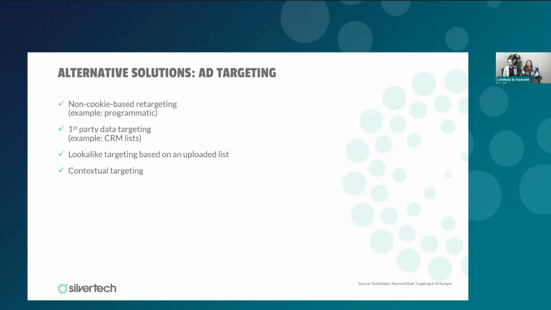So the first option here is non-cookie based retargeting. There are a handful of channels and platforms that have already taken some steps to create ways to retarget without utilizing third-party cookies. Some of these are programmatic platforms like StackAdapt, which is a really good DSP. They've already taken some steps to move away from that cookie-based model, so they have some offerings that people can take advantage of to still retarget without relying on third-party cookies.